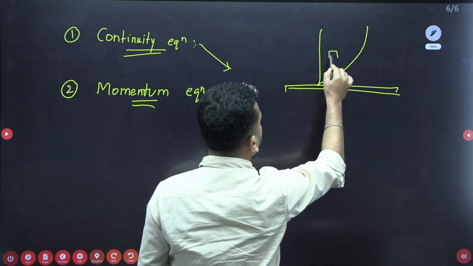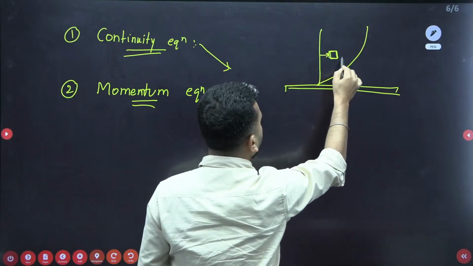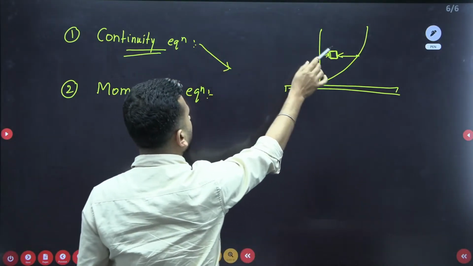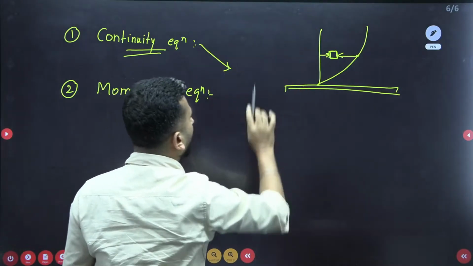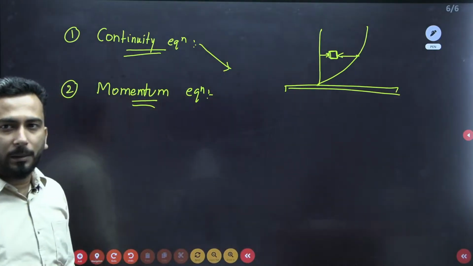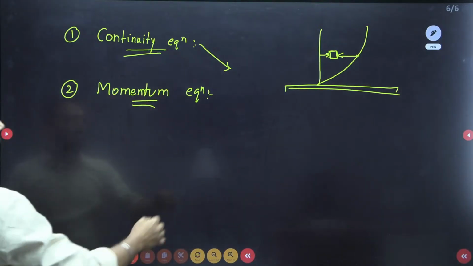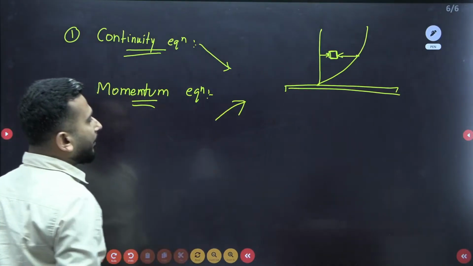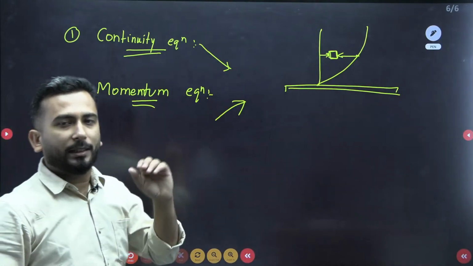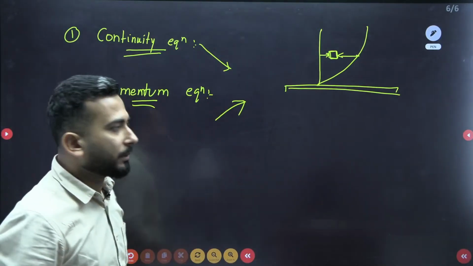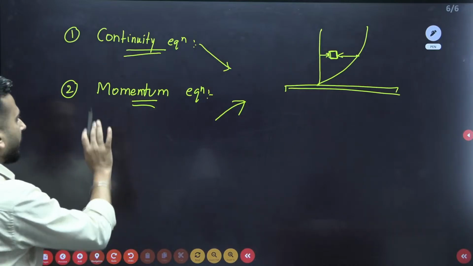Here we take an element, and in this region only we apply the mass conservation and the momentum conservation. For momentum conservation, Newton's second law to start with, and you will arrive at one equation. I am not even writing the equation, because that is not important for you. You just know this much.